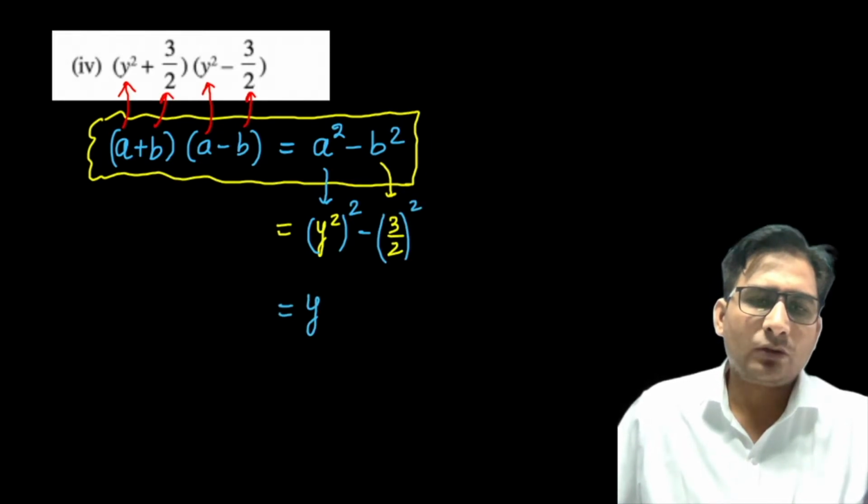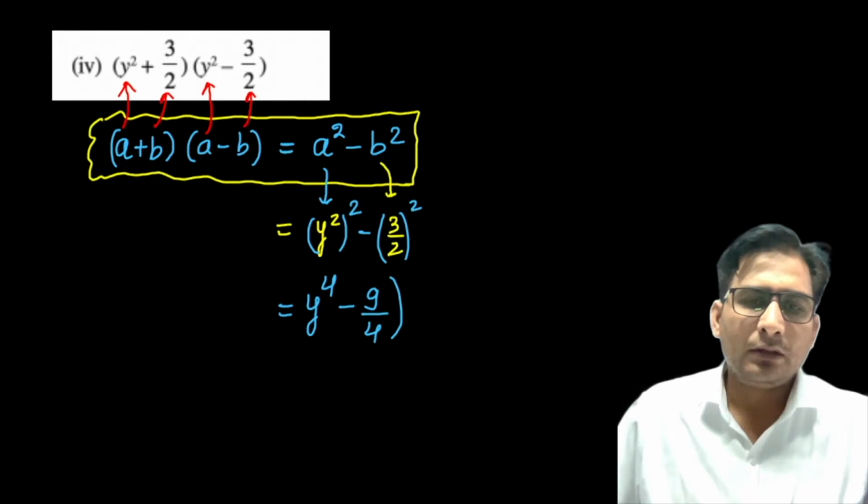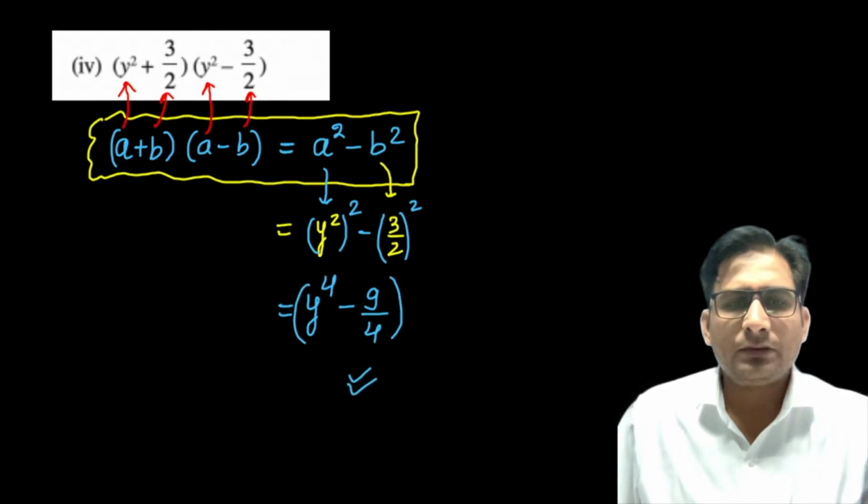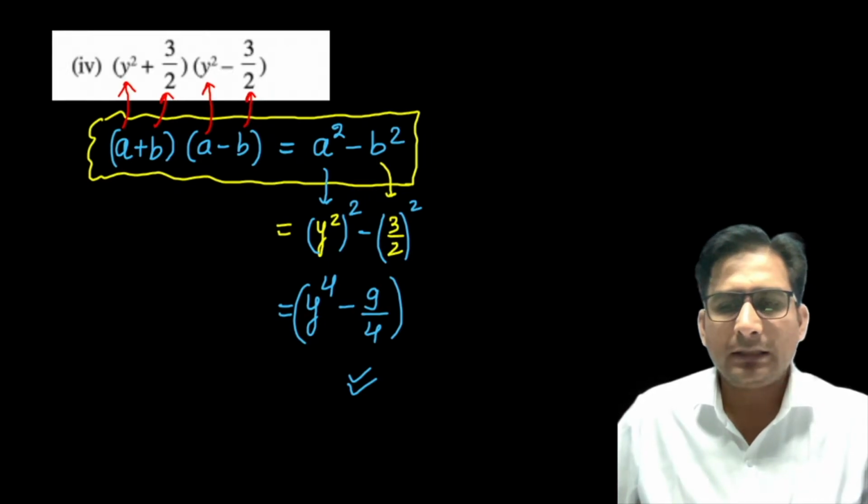Now it comes out to be y to the power 4, and 3 threes are 9 upon 4. So this is the final answer in this case after multiplication by using the identity. I hope it is clear to you all. Yes, sir.